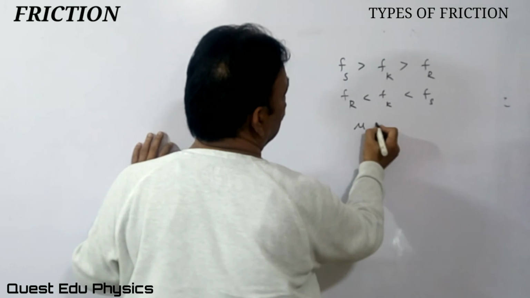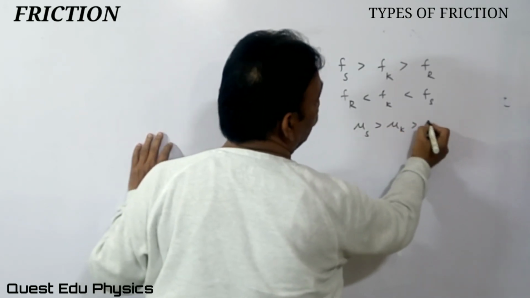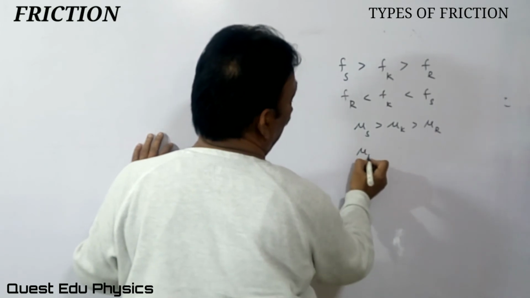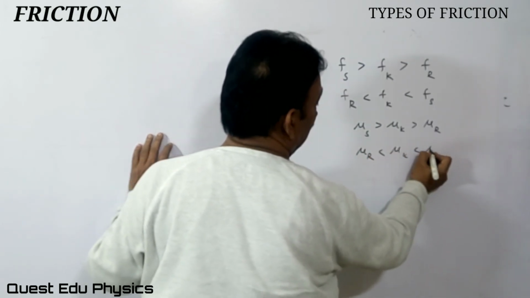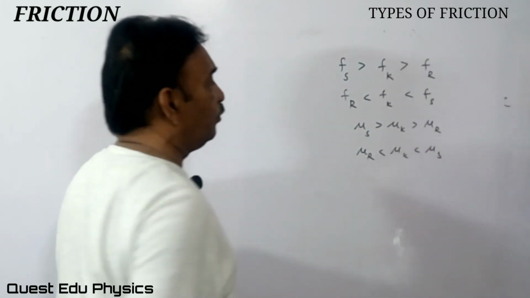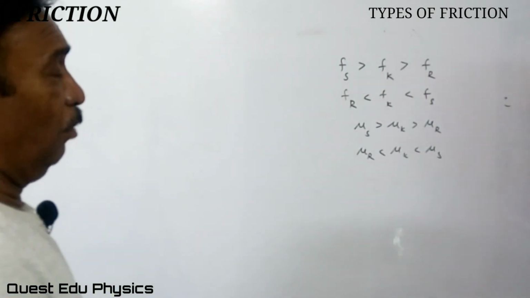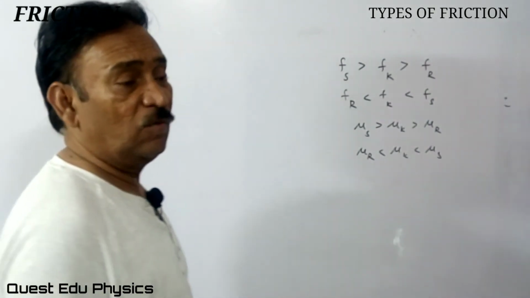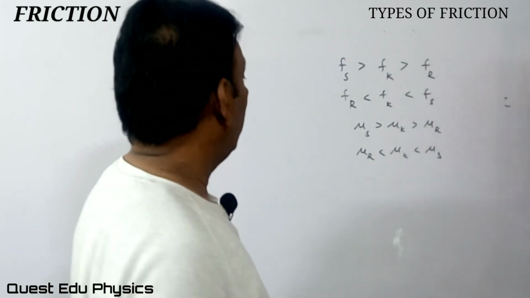Or mu s is greater than mu k, which is greater than mu r, and mu r is less than mu k, which is less than mu s. We can relate these quotients of friction in this way. My point is that static frictional force is always more than the other frictional forces.